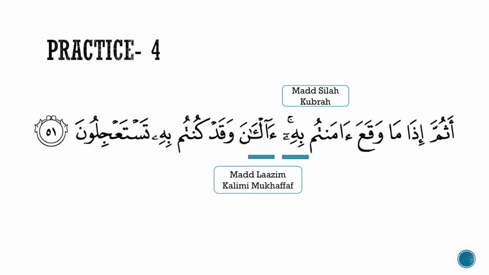Also, we have mad lazim kalami mukhaffaf, which comes up twice in the Quran for the word al-ana, which we will stretch for 6 counts. And lastly, for the word tasta'jilun, again we have mad arid, where we are putting a temporary sukoon on the noon, which is followed by waw madda.